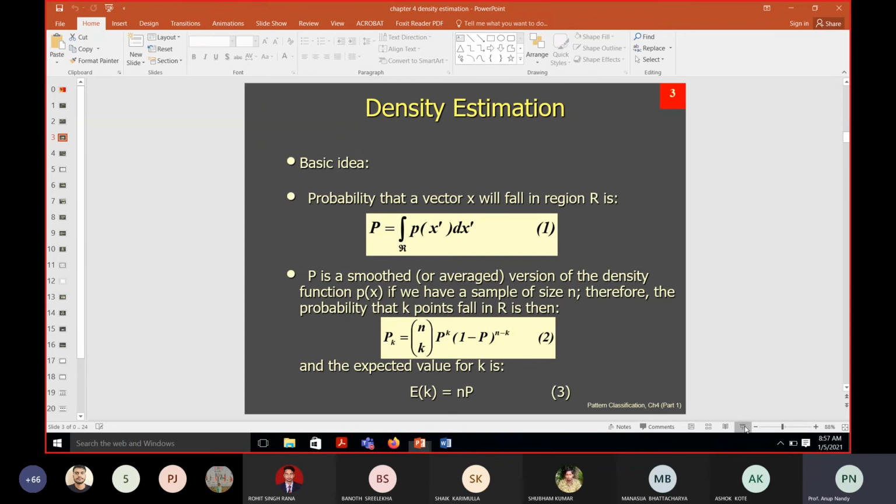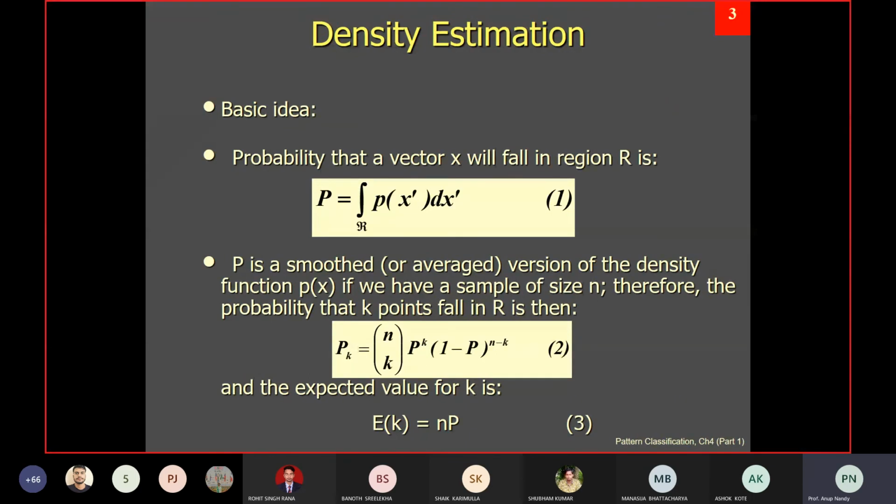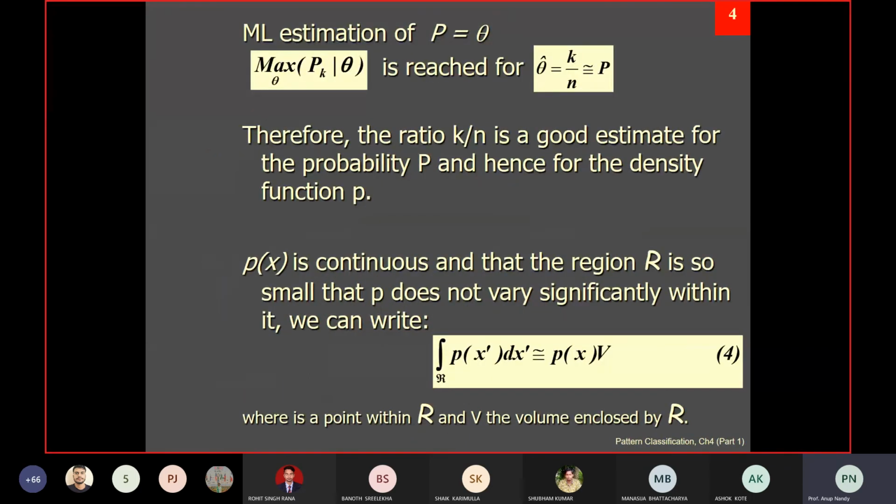Now, whatever I have explained is written over there. You have to estimate the ratio K by n, which is a good estimate for the probability P, and hence for the density function.